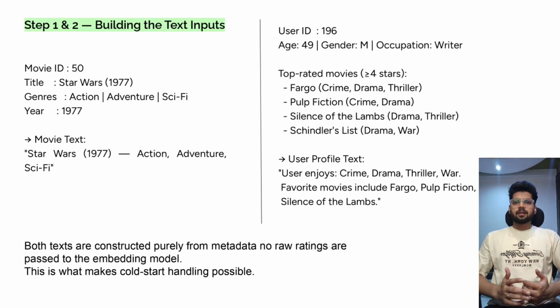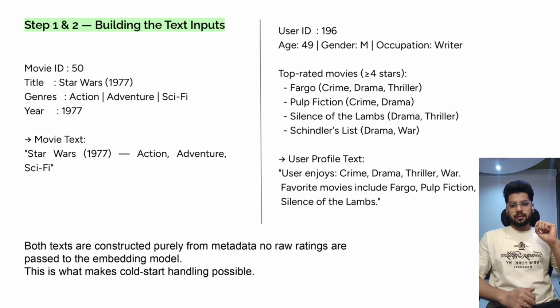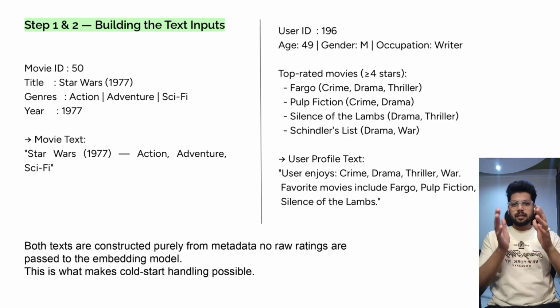Let's make it concrete with a real example from the dataset. We took user 196, age 49, male, occupation writer, and movie 50, Star Wars from 1977, with genres action, adventure, and sci-fi. On the left you can see how the movie text is built: the title, genres, and year concatenated in a sentence.